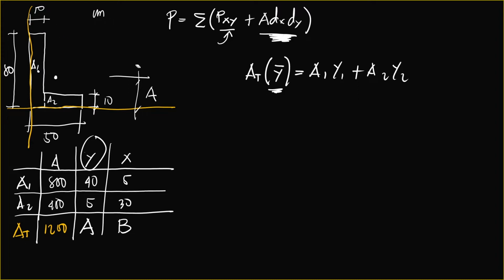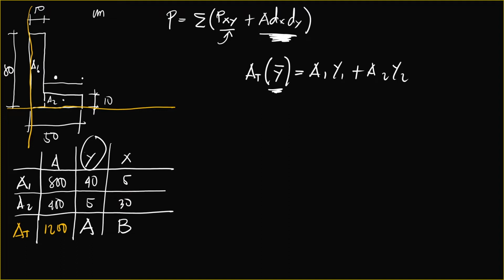Sir, excuse me. Yes. Sir, is the x value of this area 30? This one? The distance? Yes, sir. Okay. Remember A2 is here.